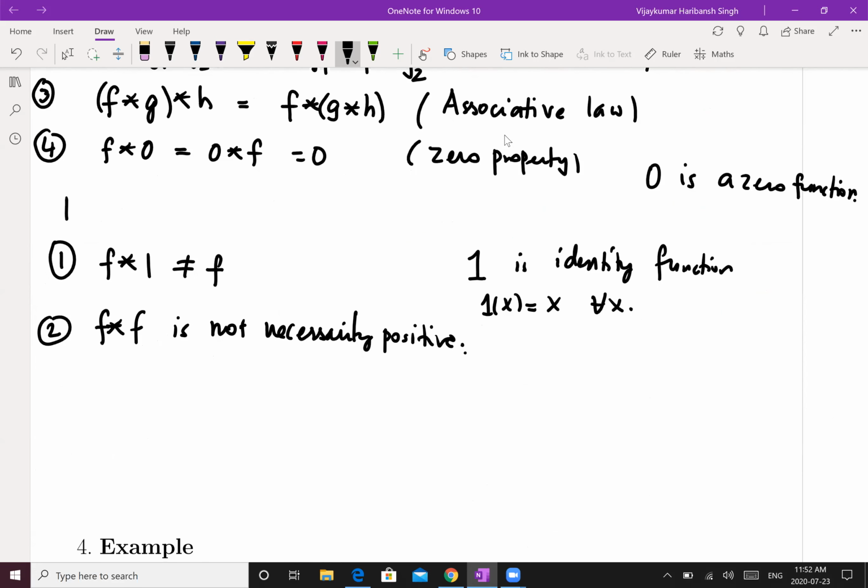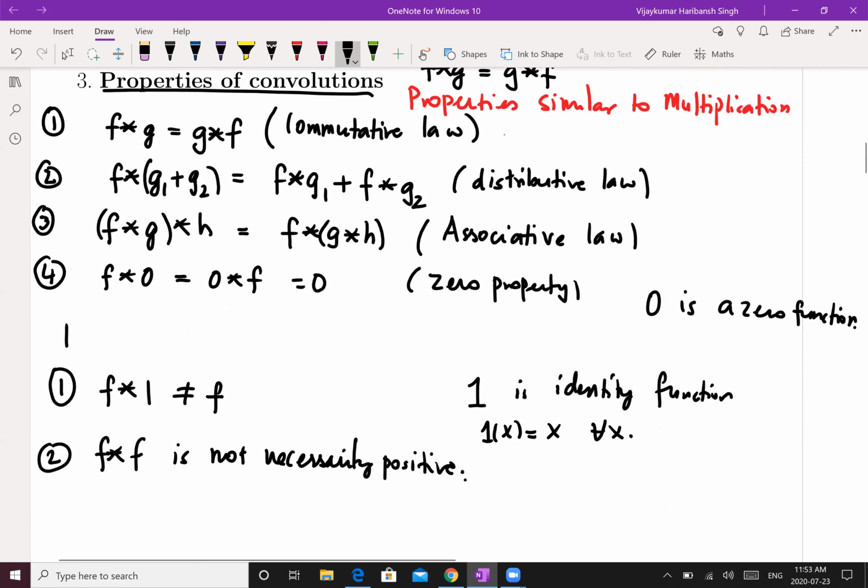So not necessarily positive means that f star f is a function whose output could be negative as well. So these are the properties different compared with regular multiplication.